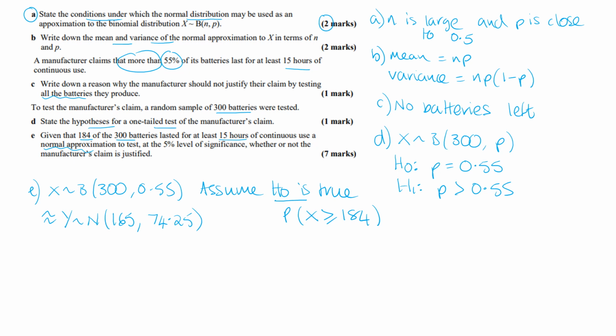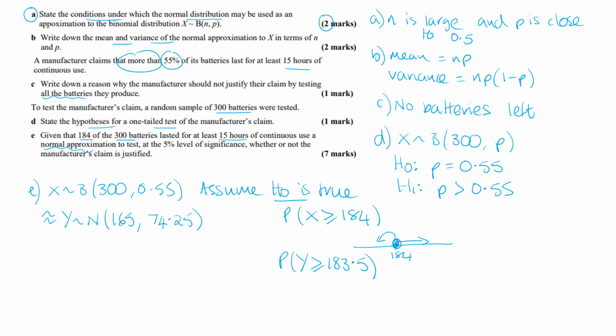Now, because we've done a normal approximation, we need to do a continuity correction and actually test what's the probability of Y being greater than 183.5. Because when you're doing a continuous distribution, you can never have it exactly equal to one discrete value, so you always include a little bit more past the range that you're looking at for the binomial distribution.